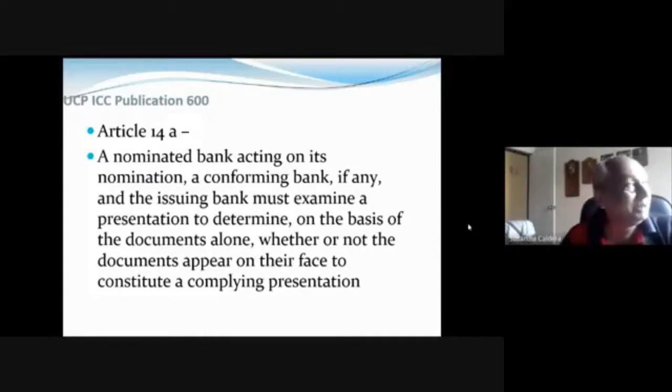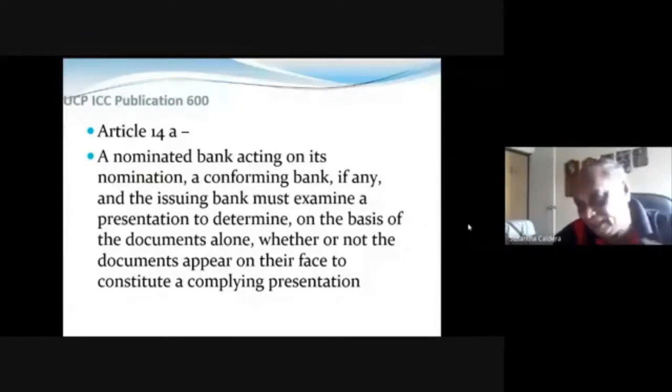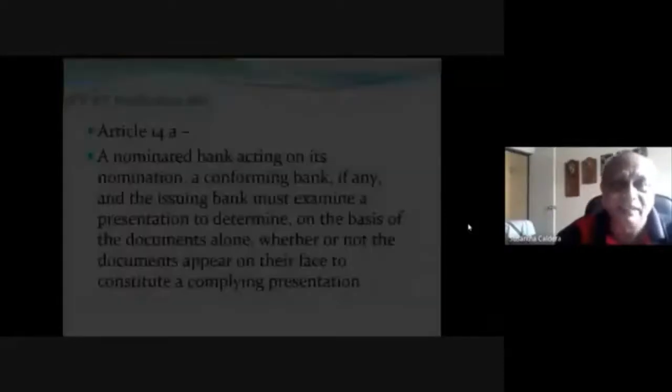Whether the documents constitute a compliant presentation. Right? Article 4, Article 5, Article 14A. In LC operations, we are only dealing with the documents. Right? Okay.